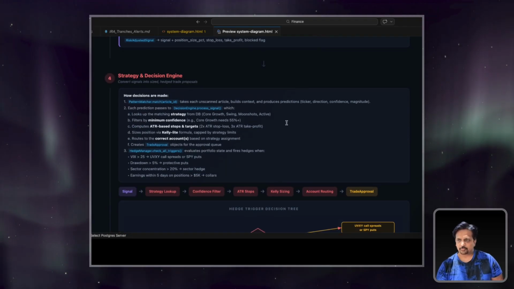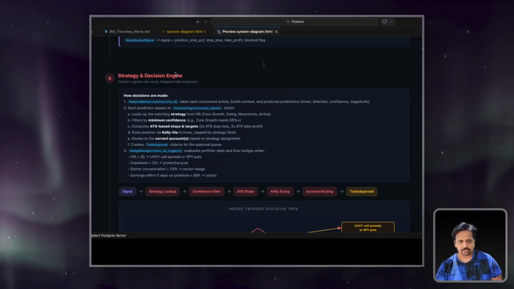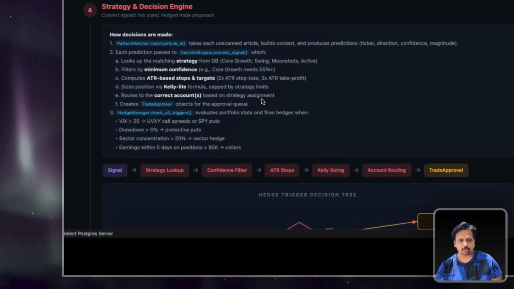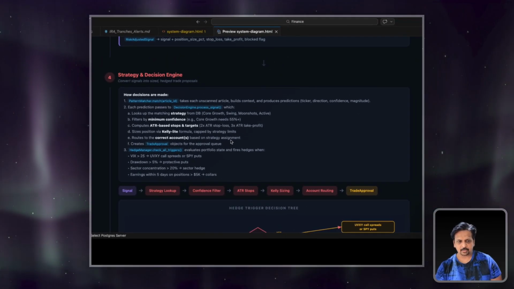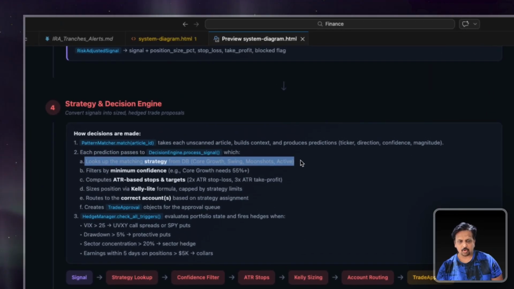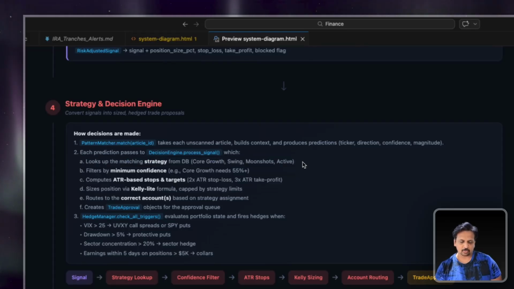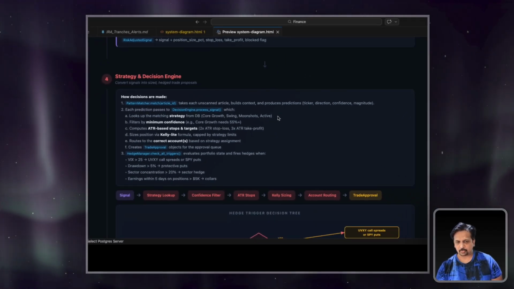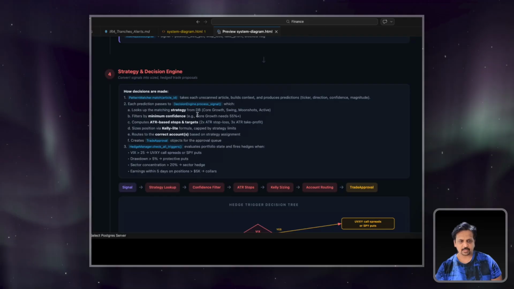And this is the 4th segment, strategy and decision engine. This is quite a lot that will happen inside this, right? So from a hedge fund, from a pattern matching, the strategy that you want to go after, whether it is core growth, which is conservative growth, or swing or moon stocks and stuff like that.